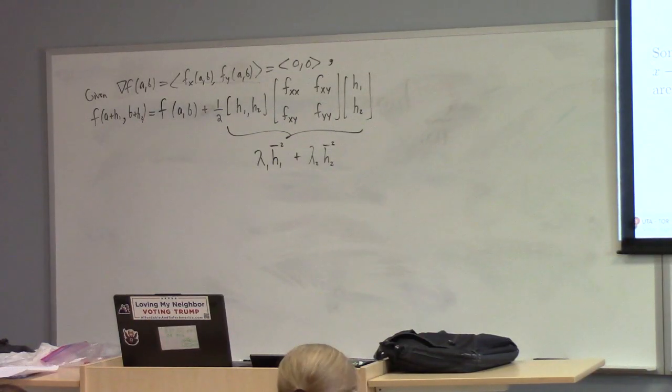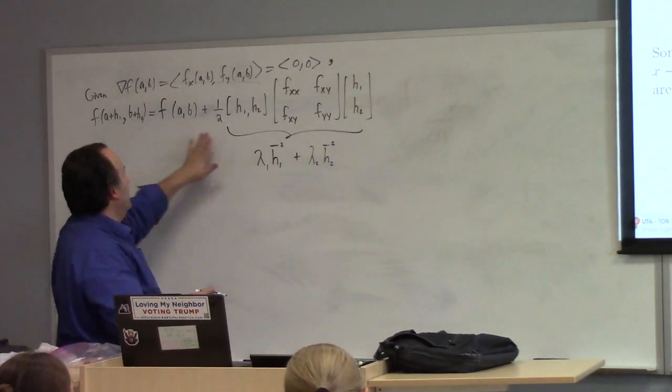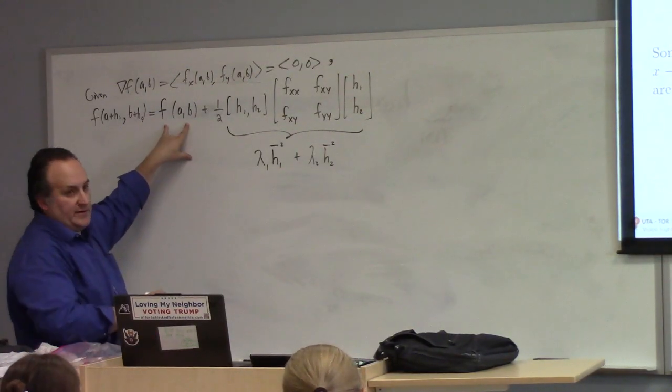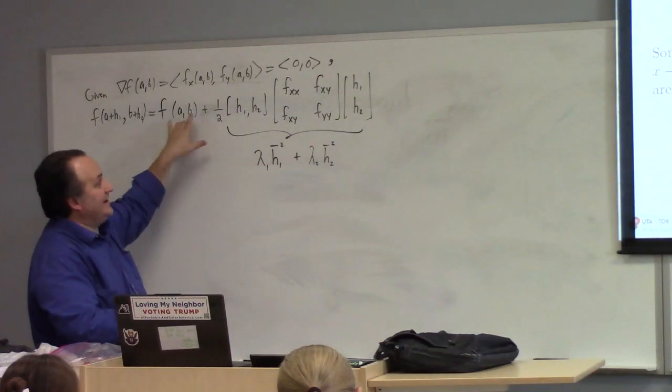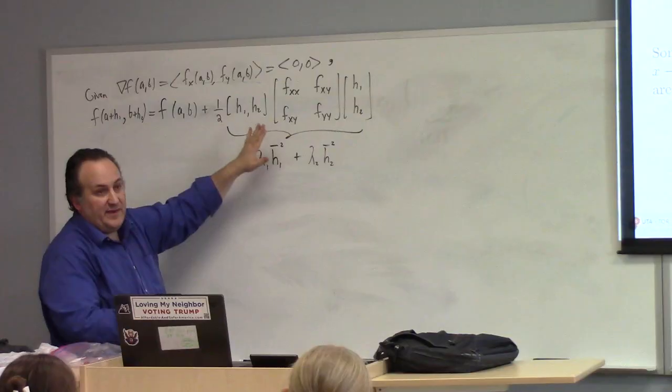And let's think about this. If both of the eigenvalues are positive, f of AB is a what? Think about this. If they're both positive, as you are near the critical point, you're adding to the value, which means that your f of AB is a local minimum.